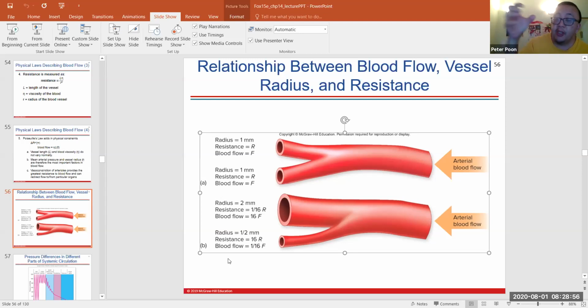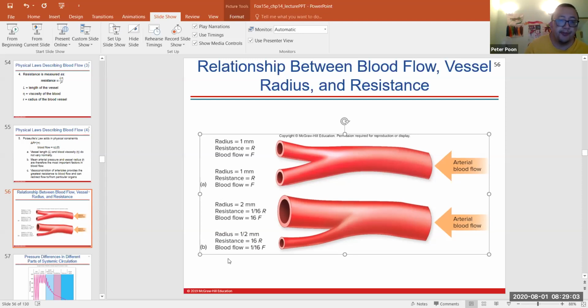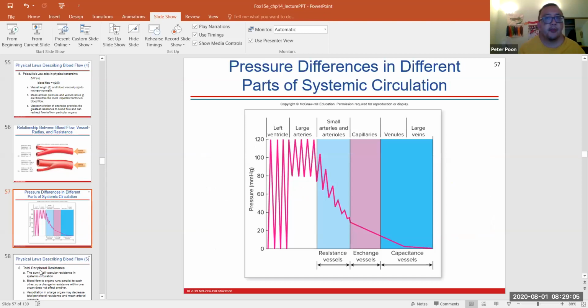So vasoconstriction and vasodilation is going to be the main thing that controls pressure and resistance. So here you can see the difference in pressure in the left ventricle, the large arteries, the elastic arteries, and then here are the arterioles, and small arteries and capillaries, and eventually venules and veins.